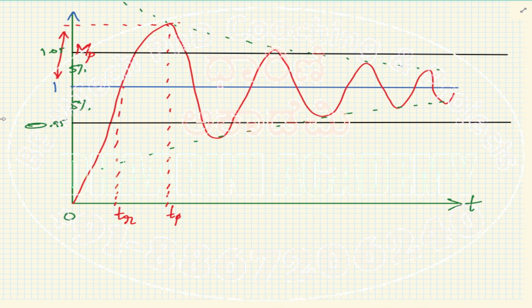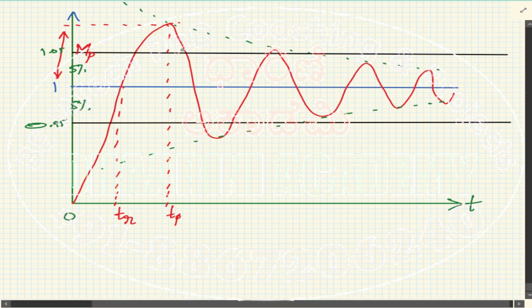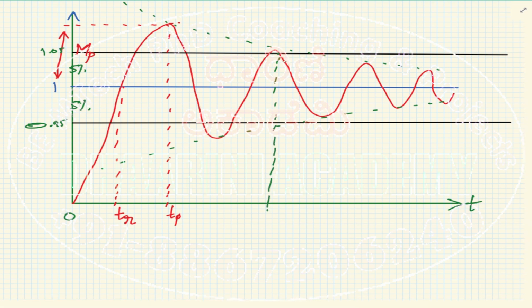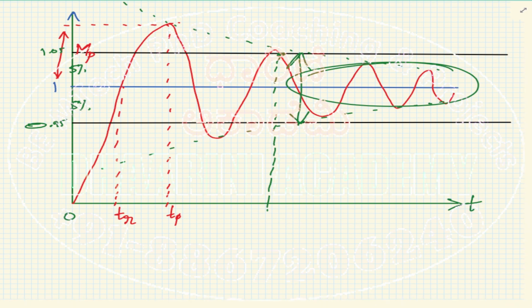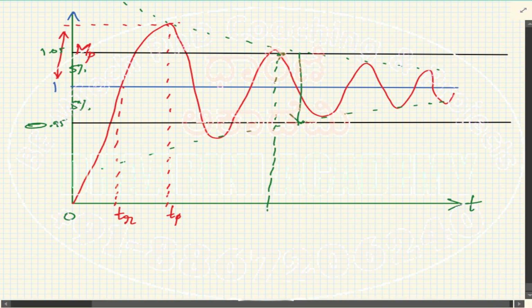5% tolerance. Whenever your signal enters the tolerance band and never leaves after that, for example, you see this point. Once it enters inside this, from now onwards it will not go out. It's well within this band, right? Such a point is what is called the settling time, denoted by TS.